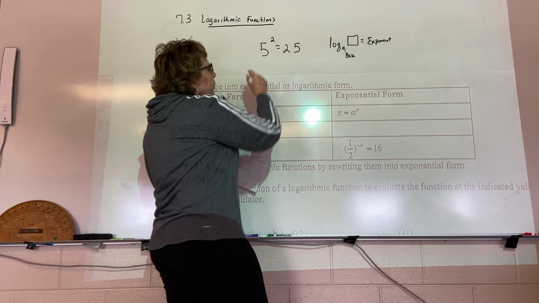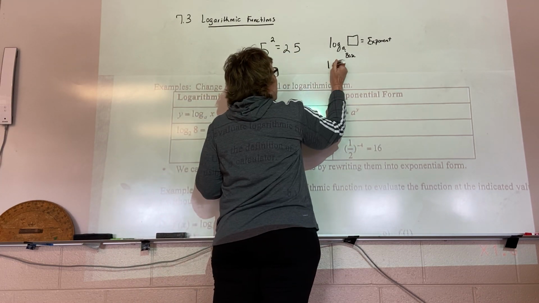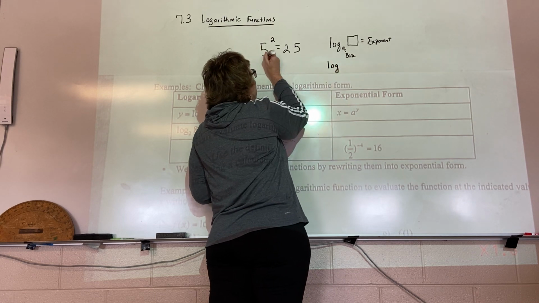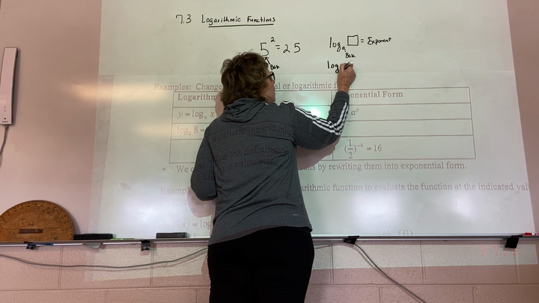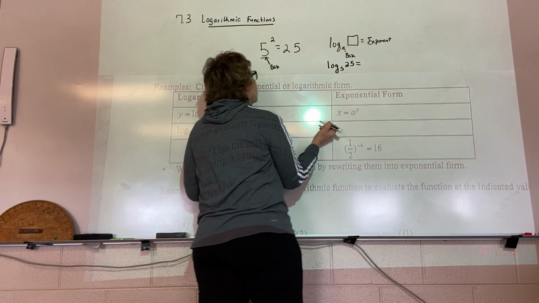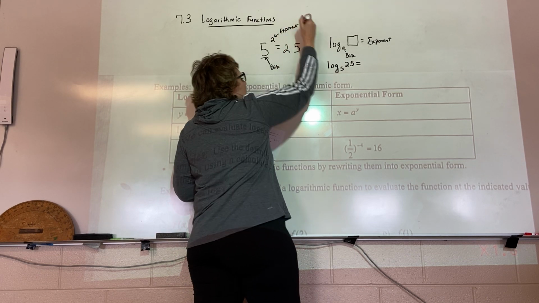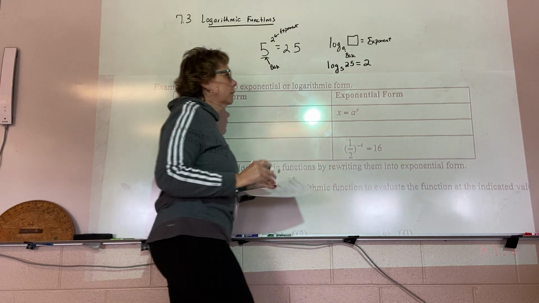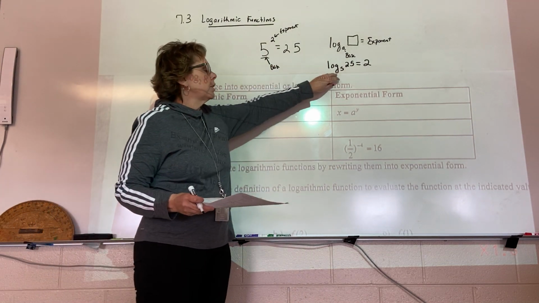So if I want to rewrite 5 to the second equals 25, I'm going to go log base 5 of 25 equals my exponent. Okay, so it's just a rewriting of the two. So these are equivalent to each other.